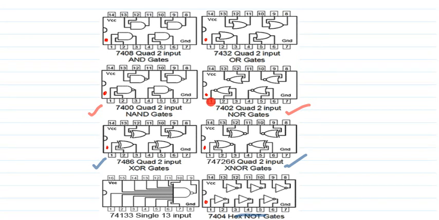We have to be very cautious about this. You cannot memorize this easily; you have to understand it. This IC is quite different in terms of pin details. For all other ICs, 1 and 2 are the inputs, 3 is the output, 4 and 5 are the inputs, 6 is the output, 7 is ground.